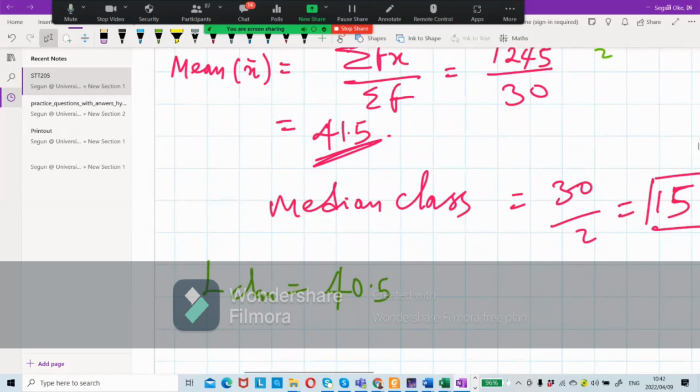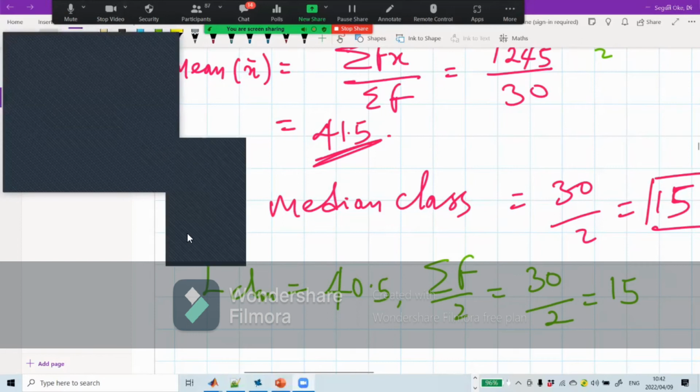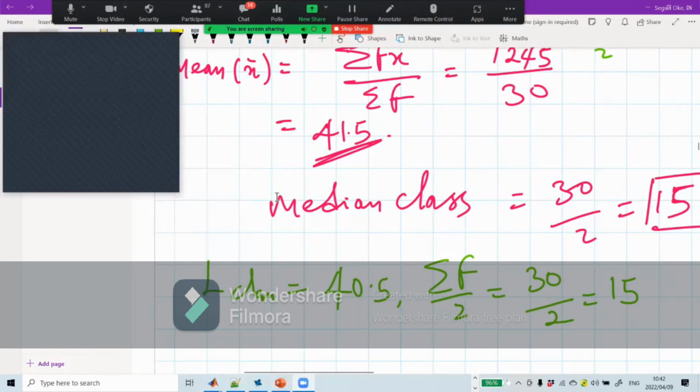40.5. Then we need to check the summation of f over 2, which is 30 divided by 2, equal to 15. So it's 15, right?